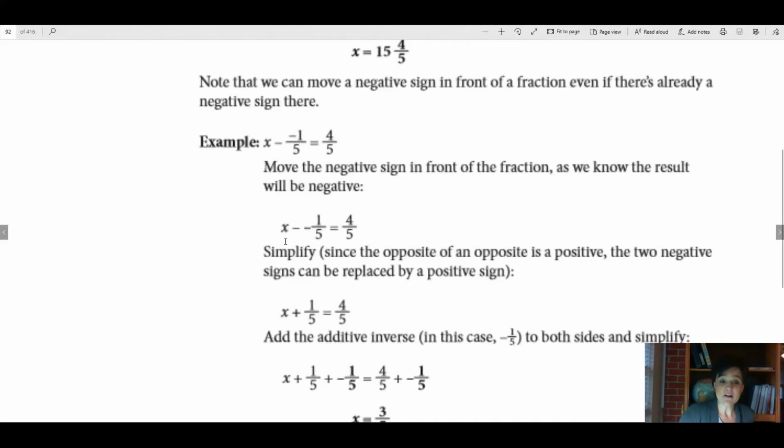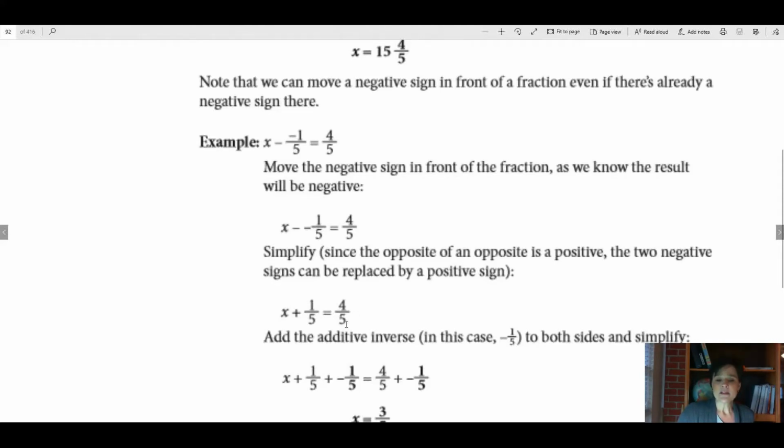So here we have x minus negative 1/5 equals 4/5. Simplify. Since the opposite of an opposite is a positive, the two negative signs can be replaced by a positive sign. So then you're left with x plus 1/5 equals 4/5.